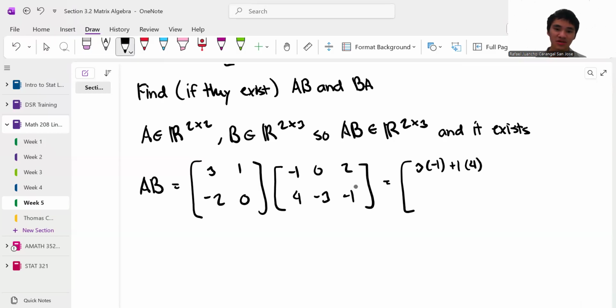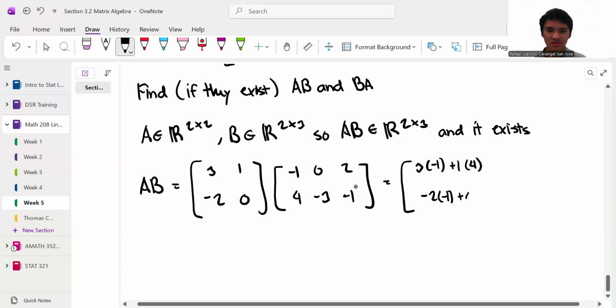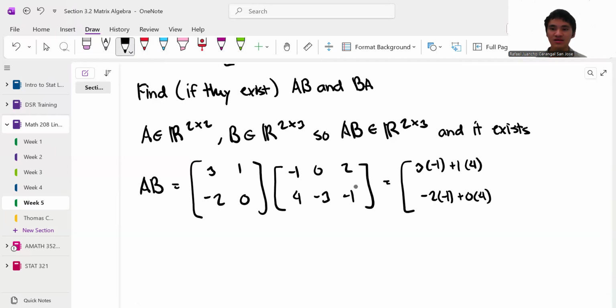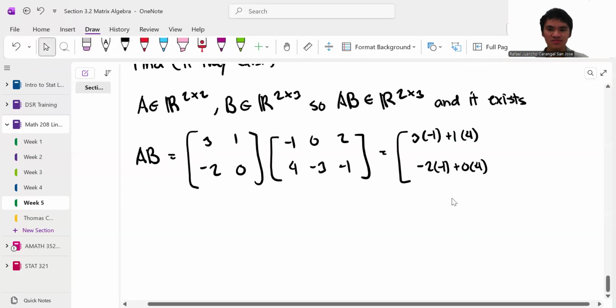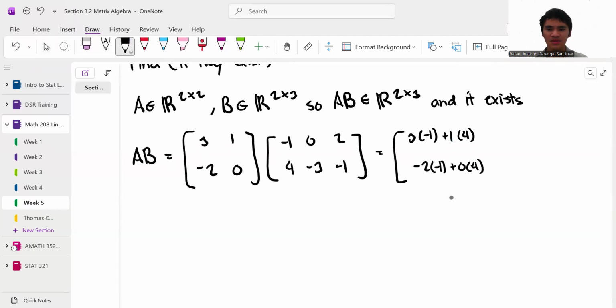That's one of them, right? And now the next one is -2 times -1 plus 0 times 4. So this here is going to result in AB sub 1, and that AB sub 1 is a vector. Okay. Then we keep going.